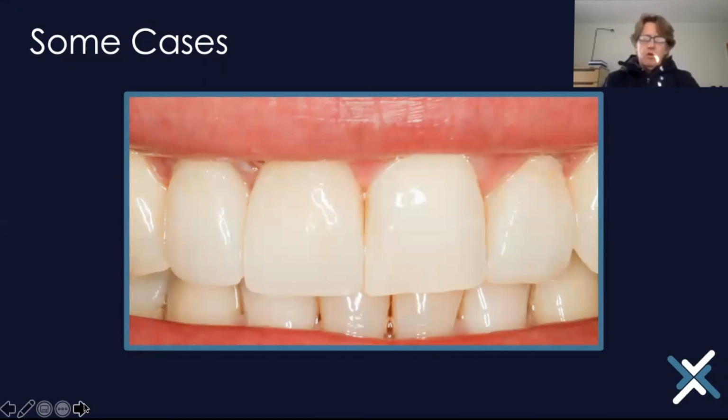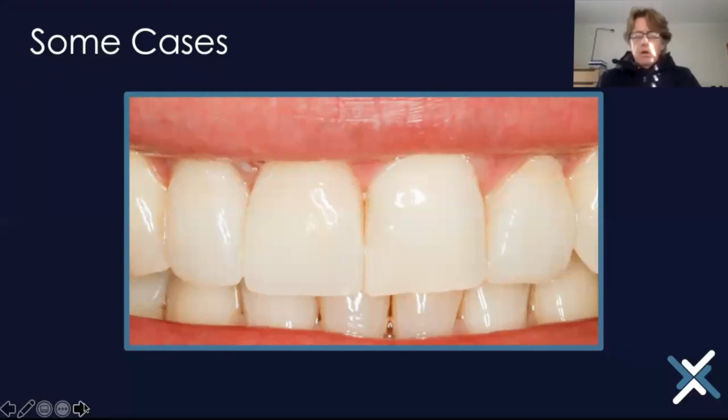It was about 2.5 hours chair time, and we were able to present the patient with a nice aesthetic option, milled crowns, full ceramics. In this case, we used a material called IPS Empress, and it was the multi-blocks, which are available from Ivoclar, so that was used in this case.